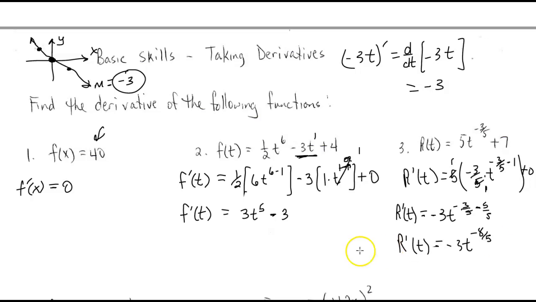Now, please note that I can actually rewrite this in root form and simplify it if I wanted to. But just as a general rule of thumb, if your function is given in fractional exponents, then you want to give the actual answer of the derivative in fractional exponents. If it's given in root form, then you want to give the answer in root form as well.